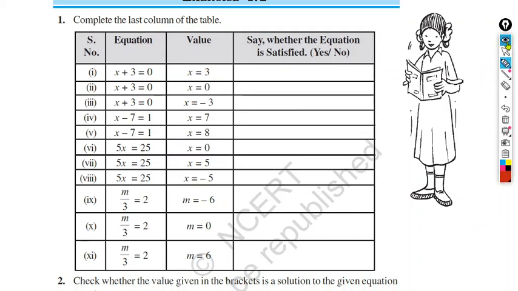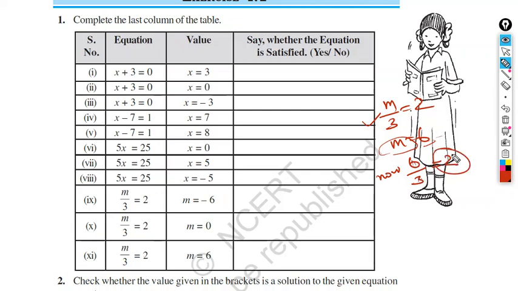We'll move to the last one now. Here m by 3 equal to 2 and m equal to 6. Let's see. m by 3 equal to 2, m is equal to 6. Now we'll put the value of m equal to 6 in the first equation. So 6 by 3, you can cancel it out, equal to 2, which is equal to RHS.